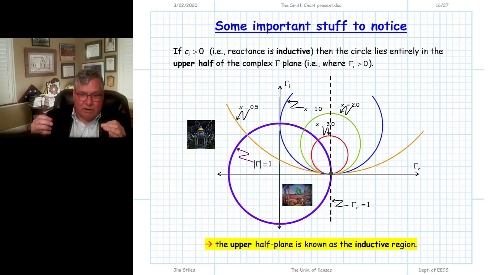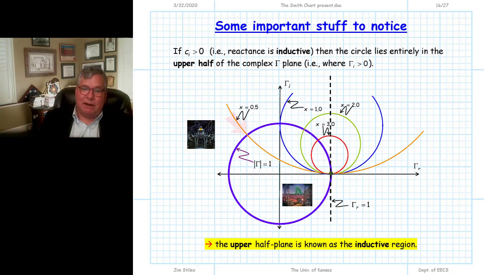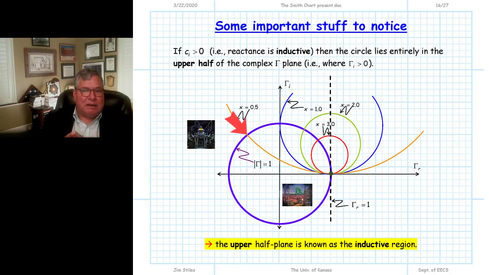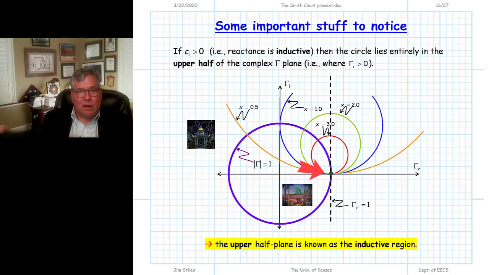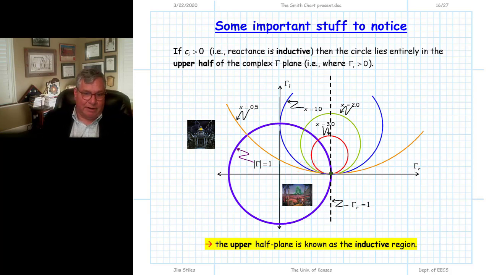And so there is some region of every circle that lies within the validity region. It begins at a point where the circle intersects the unit circle. That's where the resistive part of the impedance is 0. And then it will proceed toward the open circuit point on the complex gamma plane. That's the point where the resistive part of the impedance goes toward infinity.